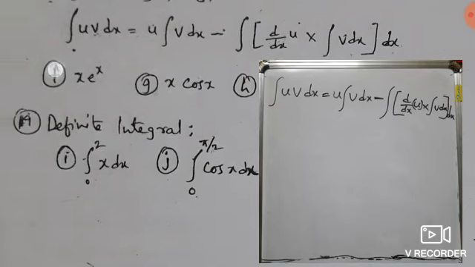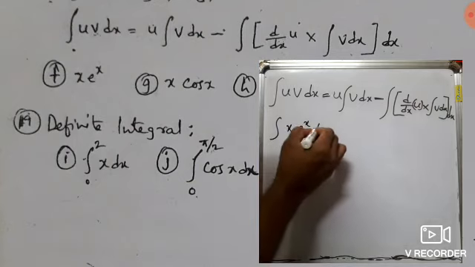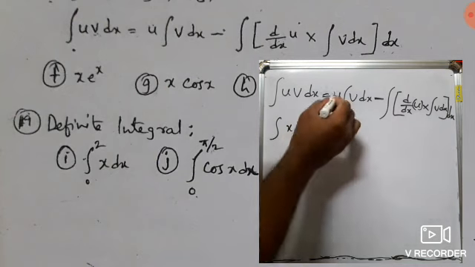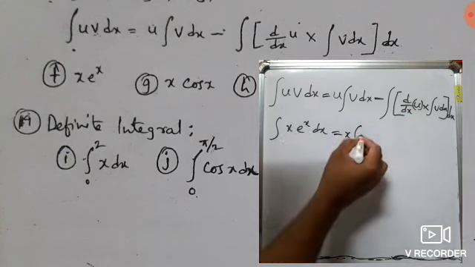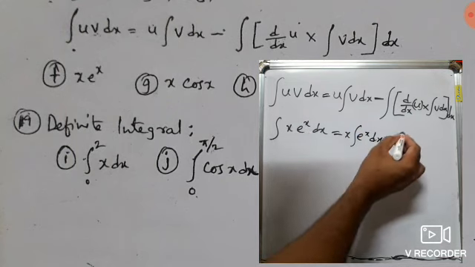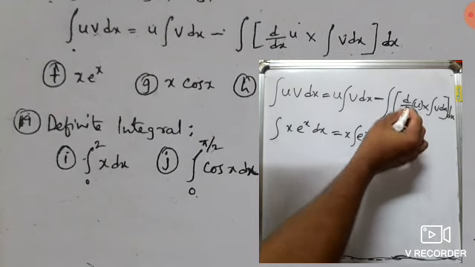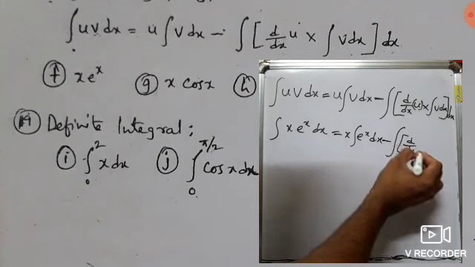Let us solve problem number f and we can see how it is solved. So integration of x e to the power x dx. So x is written in front, v dx means e^x dx, minus integration of the first term's differentiation, that means d/dx of u.